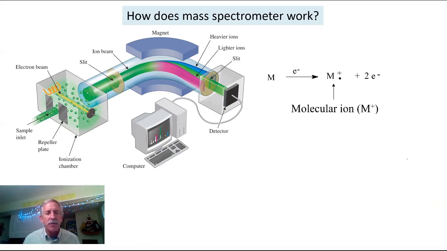That electron beam that is blowing apart your molecules, its job is to take a full molecule, a nice happy molecule like M, and this electron beam is very high energy, and so it can bounce an electron off of your entire molecule and leave your molecule missing an electron, but remaining essentially intact.